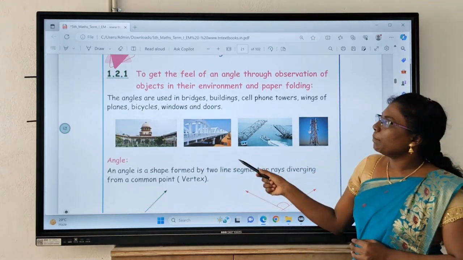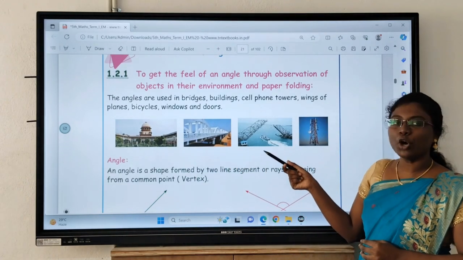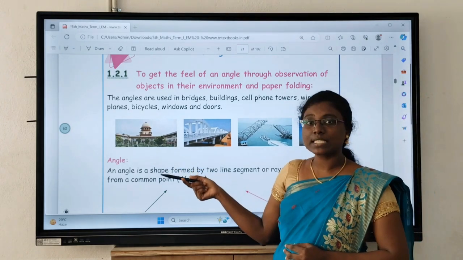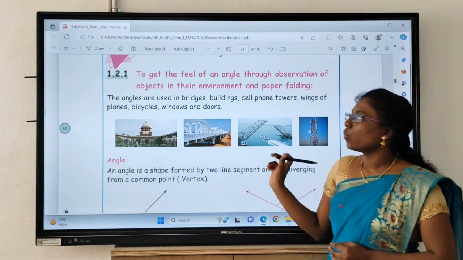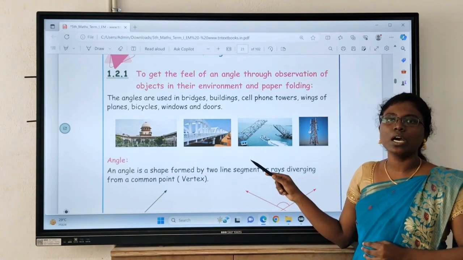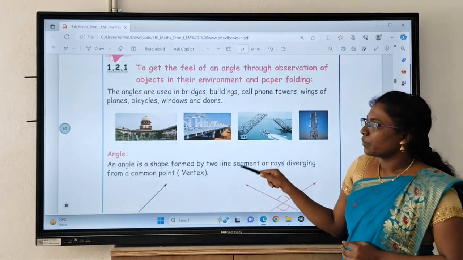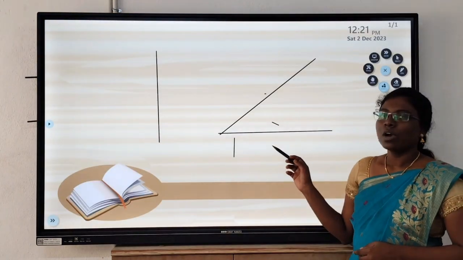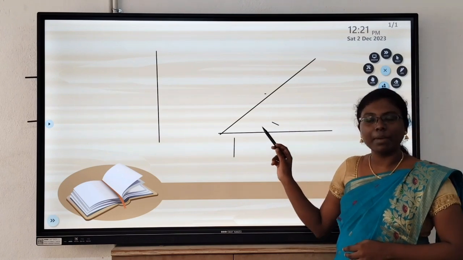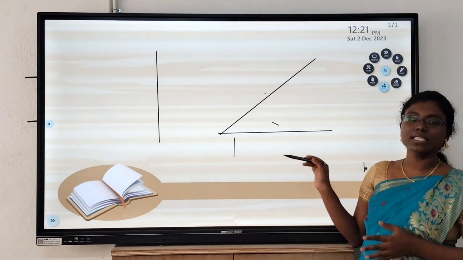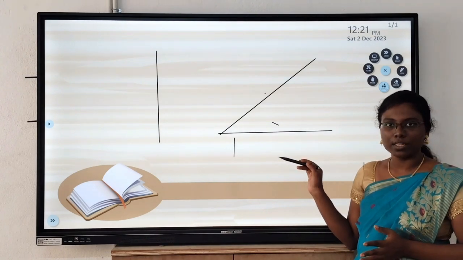Next, buildings and cell phone towers, wings of planes, bicycles, windows and doors, also you can see some angles. What is an angle? Two line segments joined together form an angle. That is called an angle.